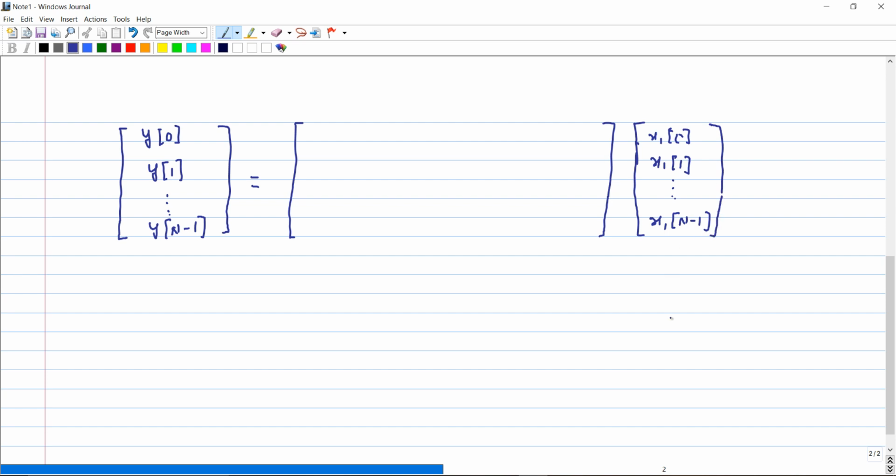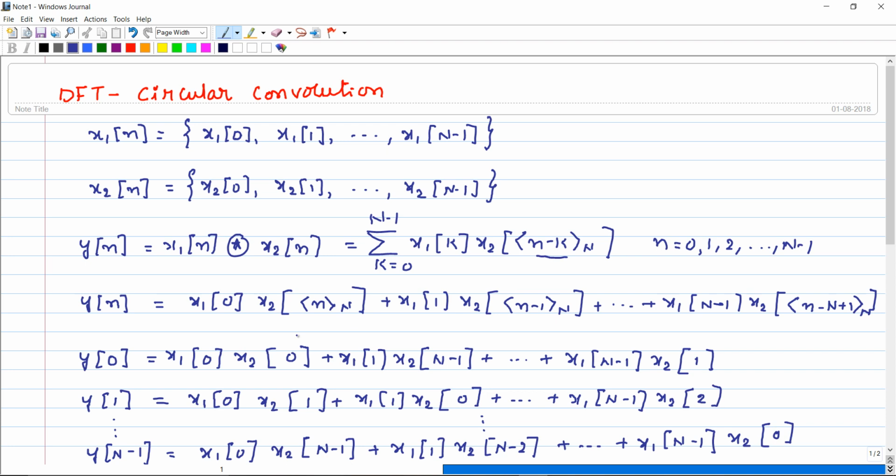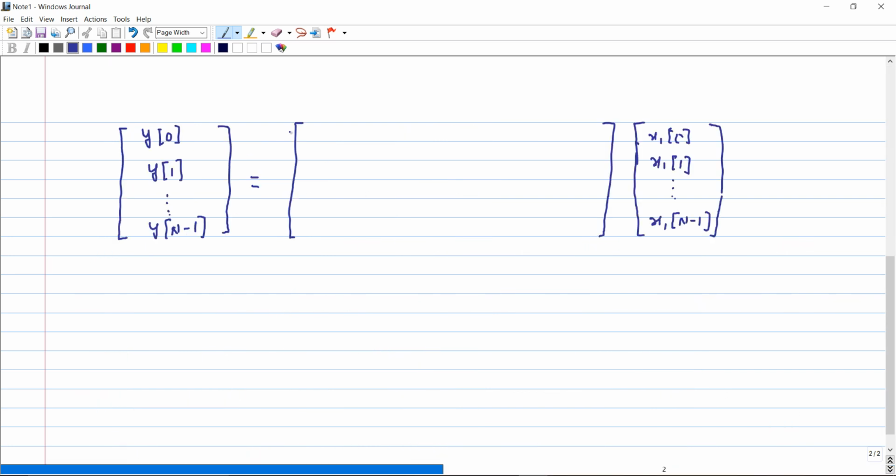Okay, yes, so now if you look at the first step, what is happening? So first step is our complete x1 of n is getting multiplied with x2 of 0 and x2 of n minus 1, and so on, and hence what will be the first term here? This fellow would be x2 of 0, but what will happen here?